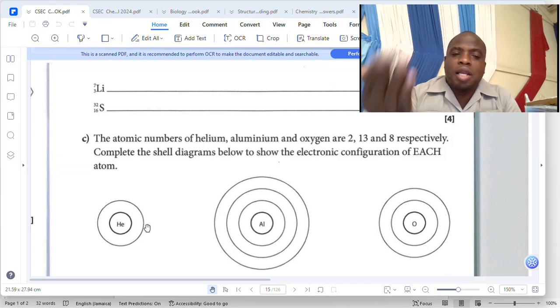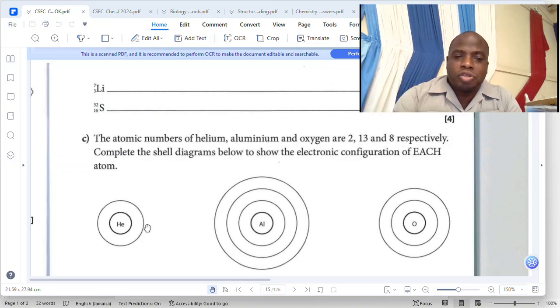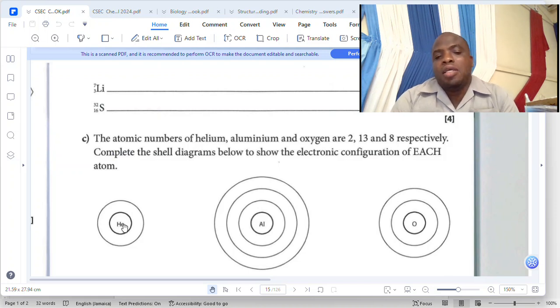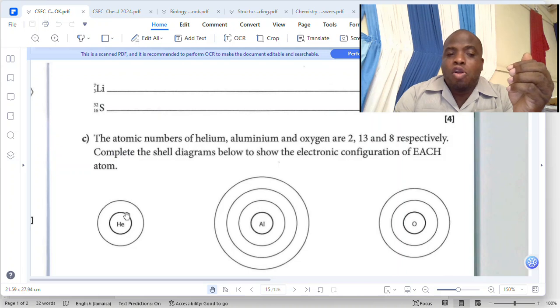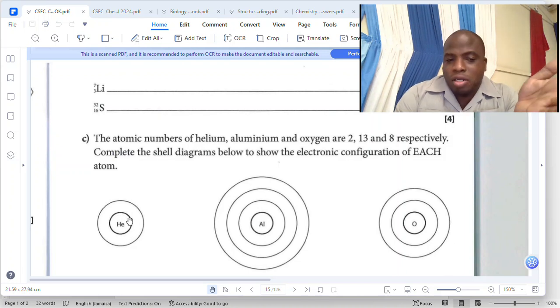The electrons are located on the shell. We need to draw them on the shell. Now the first circle, if you note this, we have the symbol of the element, He, and so we know we're dealing with helium. But here's another popular mistake that students make: they start to put electrons on this first circle.